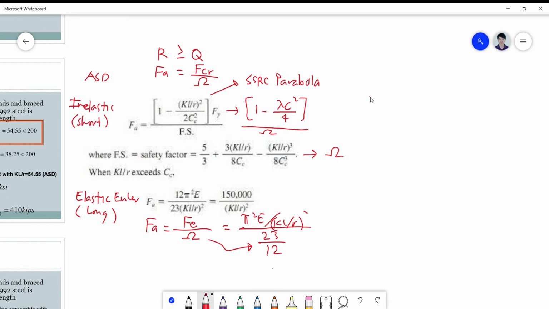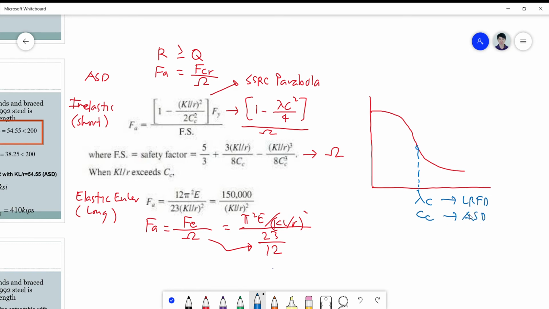So this is your column strength curve, which has the shape of a half bell curve. We have here your limit, which is lambda sub C in LRFD and C sub C in ASD.